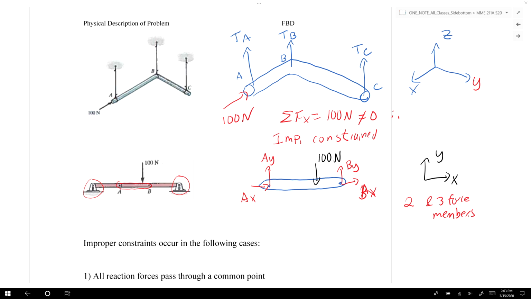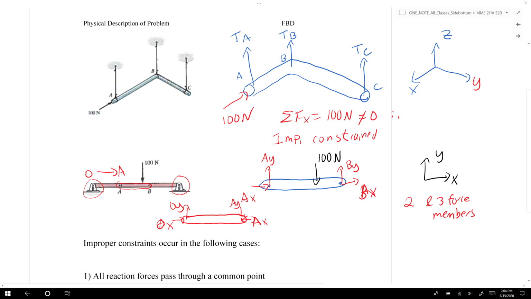So if we look at the section of the beam from point O to point A, here, we have a force due to the pin at point A. So we have OX and OY, and then at this point here, we would have AX and AY.